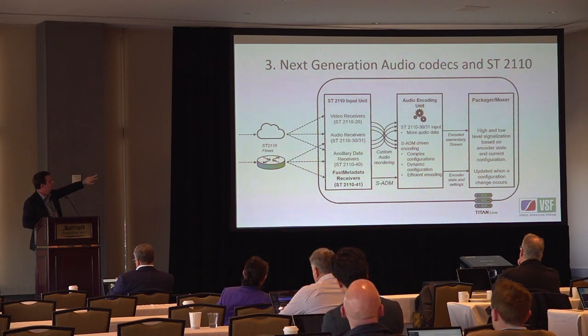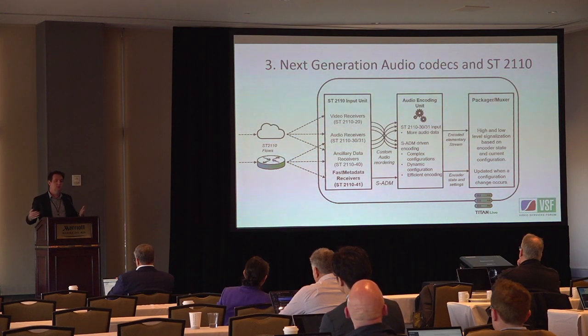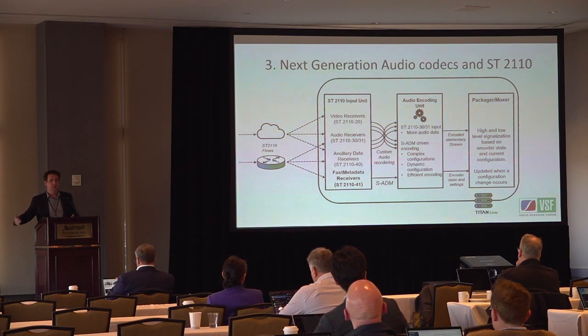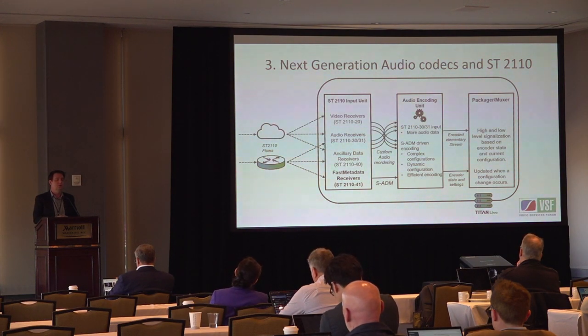You still need some custom reordering because, again, the encoder needs to be fed with everything. For example, the sidecar audio description I mentioned, you need to feed it to the software encoder, being the AC4, the MPEG-H encoder.